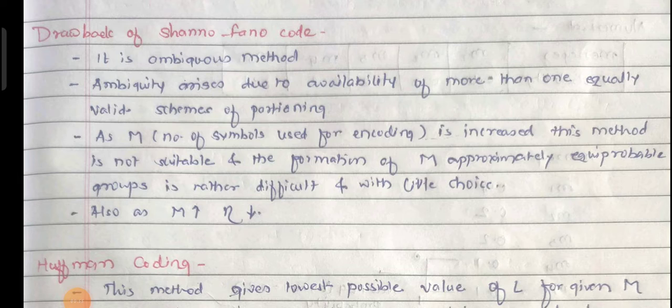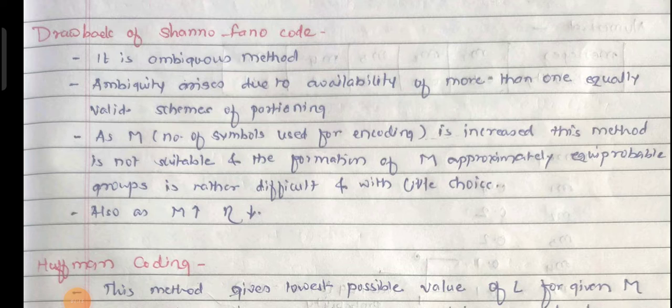During the partition, there may be chances of ambiguity due to the availability of more than one equally valid scheme for partitioning, and that causes the ambiguity in this method.